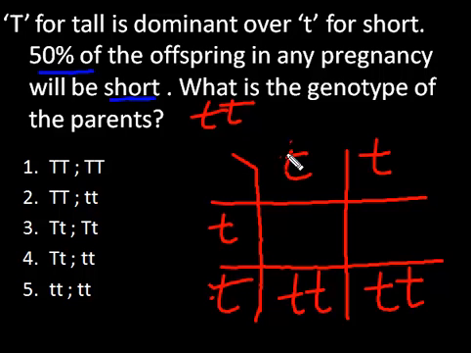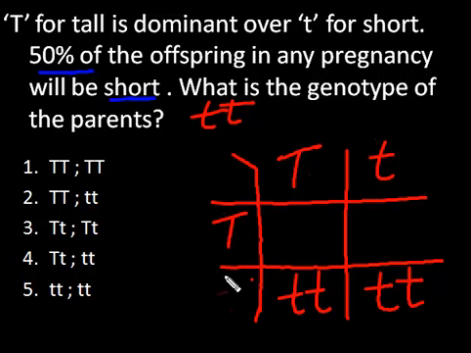So we can erase this. The same thing goes for both parents being homozygous tall, because then all offspring would be tall. If you had all capital T's, we wouldn't end up with a lowercase t at all. So let's say both parents are heterozygous, with one tall gene and one short gene.